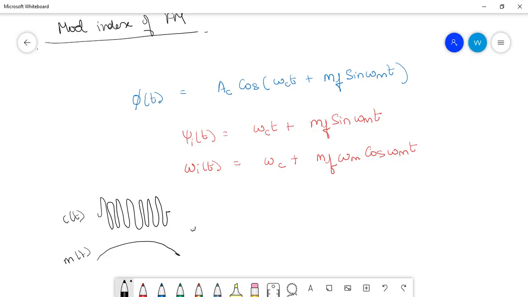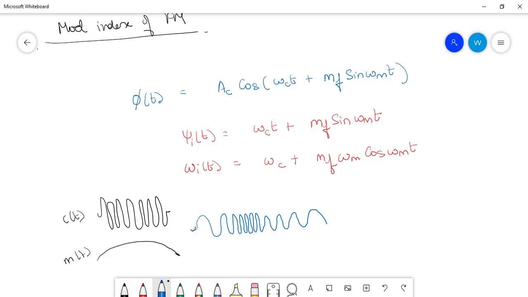So basically the output would look something like this, right? Something like that. What is happening over here is that your modulating signal's maximum amplitude is the one that is responsible for the maximum omega i.